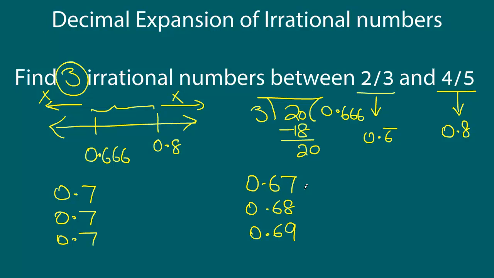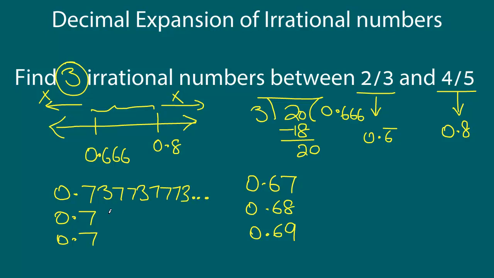These also work, right? So we can really create infinite irrational numbers between these two given numbers. So let's write this down. Maybe we can write this as 0.73, 0.773, 0.7773, so on and so forth, right?